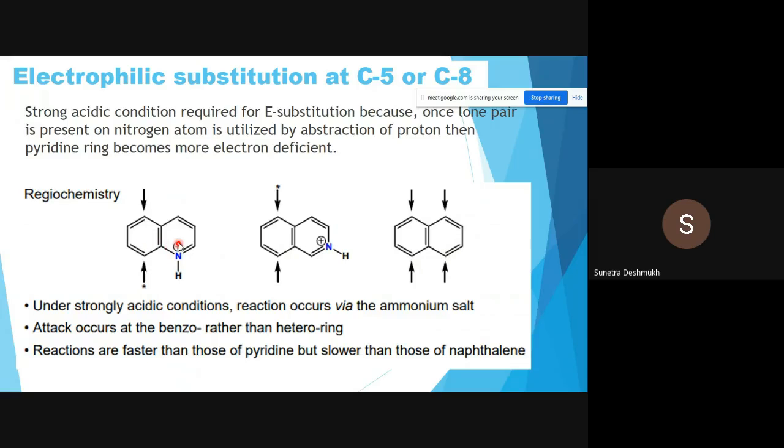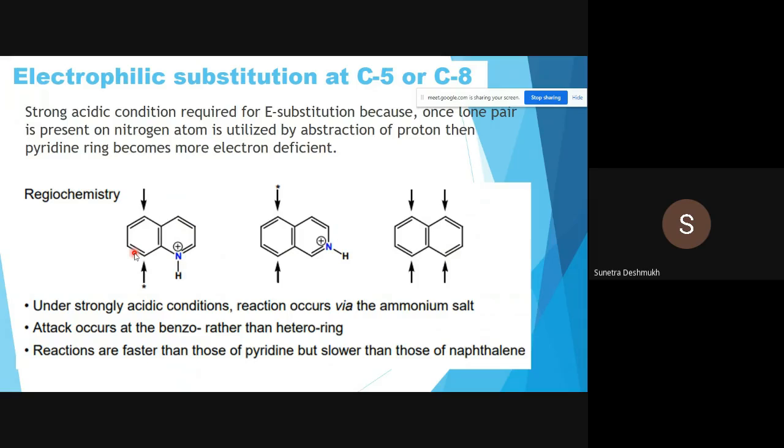Okay, so whatever 2 to 5% chance of electrophilic substitution in the pyridinyl ring was there, it also disappears once nitrogen is protonated. After protonation of this nitrogen, the pyridine ring becomes more electron deficient, and there is no possibility at all of the electrophile going into this pyridine ring.